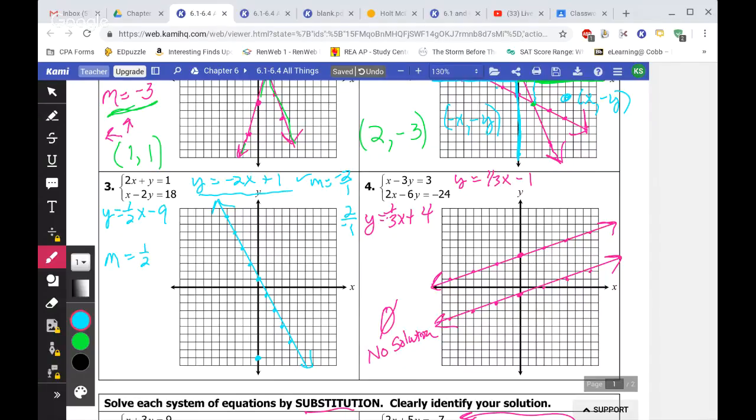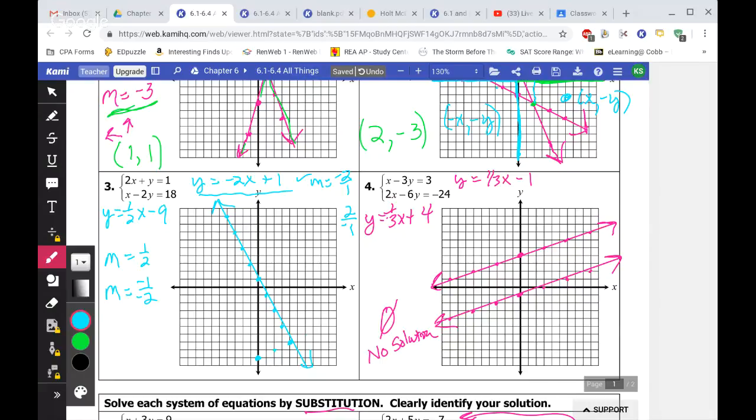And it's positive. So with a positive slope, you're going to travel in two positive directions or two negative directions because a negative divided by a negative is still a positive. So if I go up 1, I'll go right 2. Up 1, right 2. Looks like that's where they're going to connect.